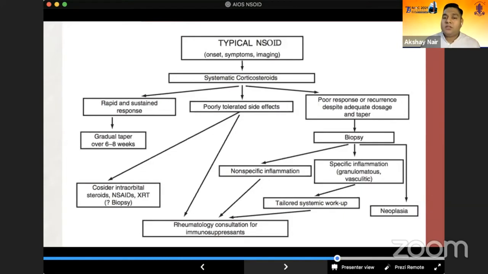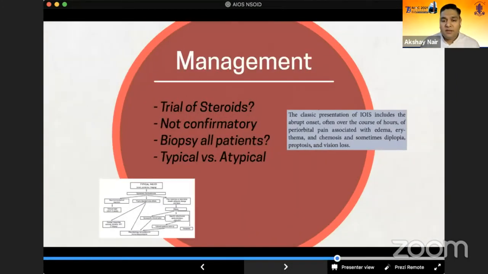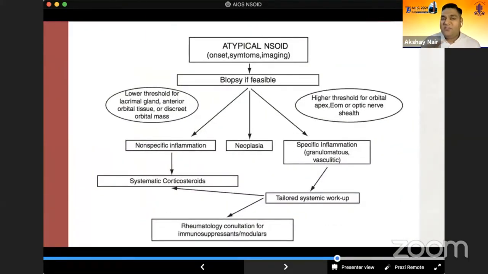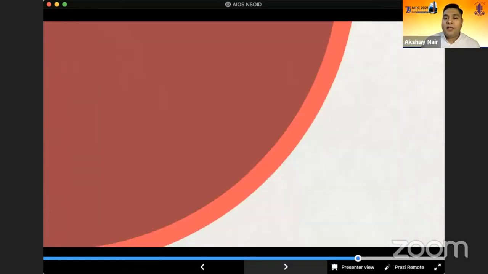But if there is poor response, then you should definitely consider a biopsy, because then you're working with something else. And this is where your rheumatologist comes in. So in your atypical NSOID, where it doesn't fit the classical symptoms as well as imaging findings, your threshold for biopsy has to be very low. And treatment of this is always in conjunction with a rheumatologist.